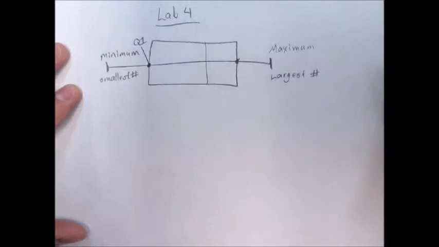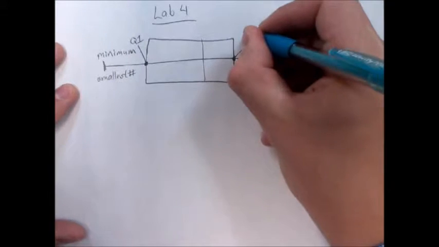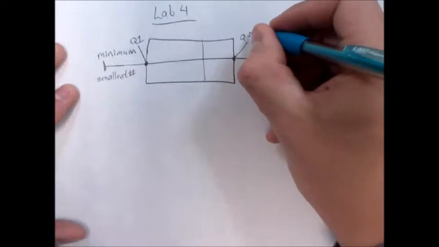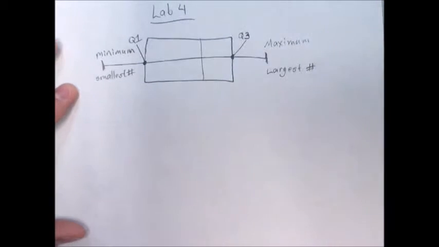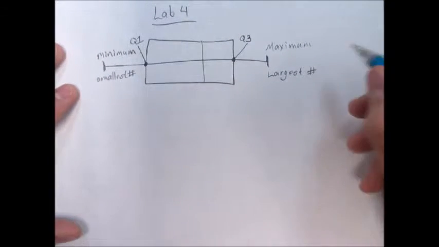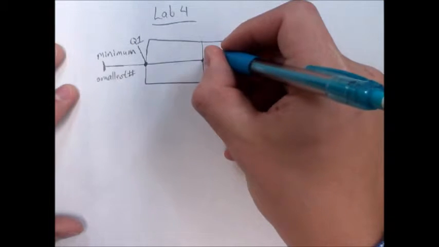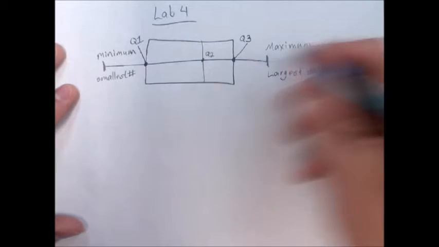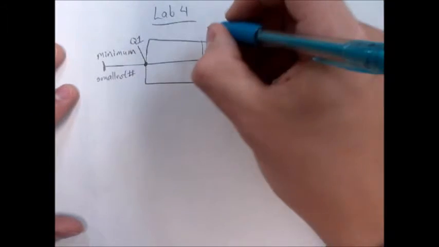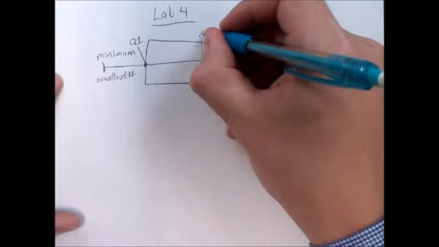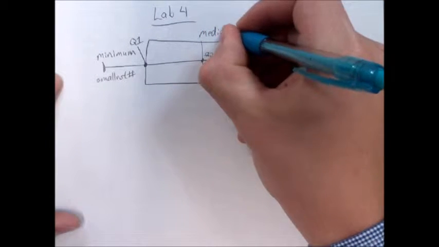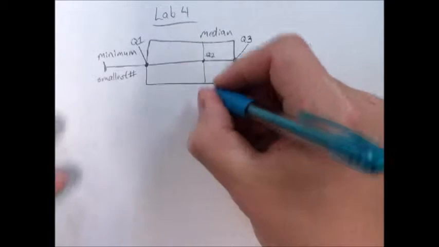The other edge of the box is quartile 3. I meant to say 3. Now, technically this middle line is Q2 or quartile 2, but we don't call it that. We call it the median. It's the middle number.